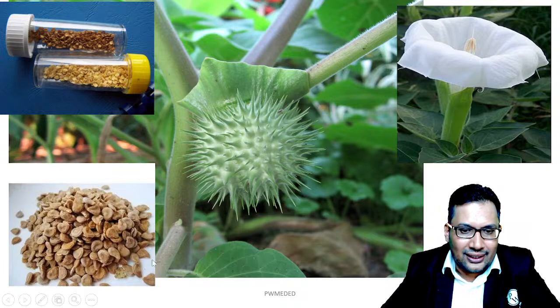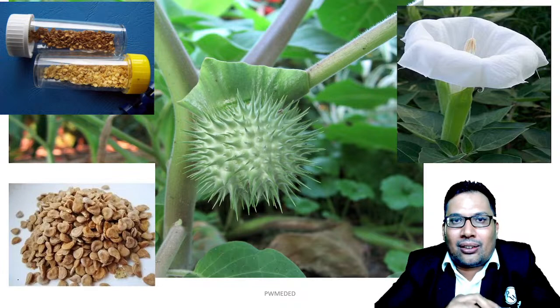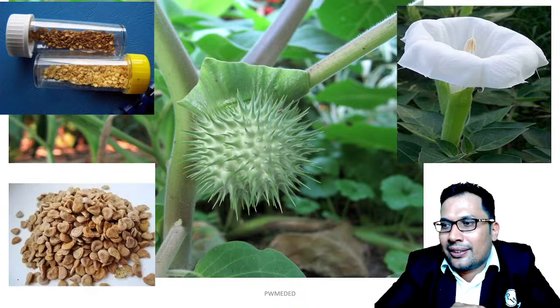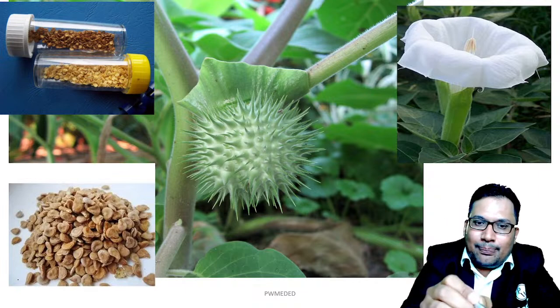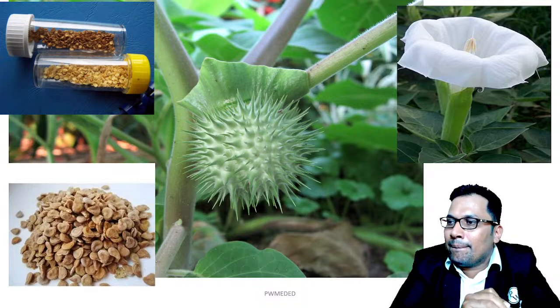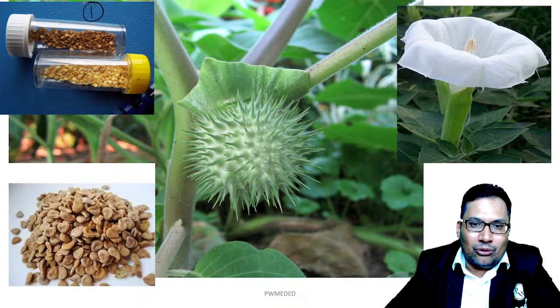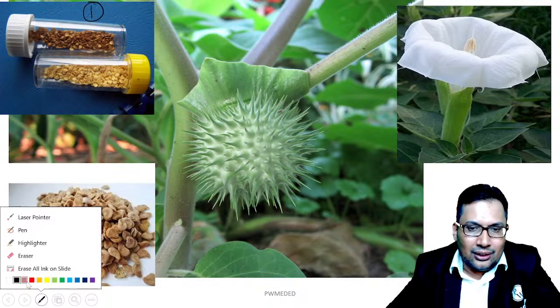This is a picture of a plant. What is this plant? All of you just identify. I'll help you with some tricks. This is the first one. Let's see who is going to answer.